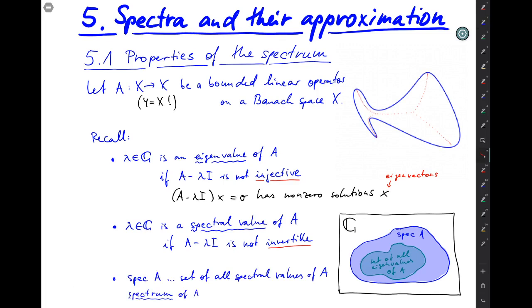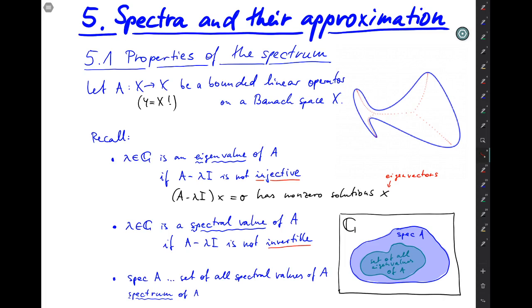Something that we also mentioned already before is that when X is finite dimensional, let's say dimension is n, then A can be identified with an n by n matrix because it's X to X. And then injectivity and invertibility are equivalent, because injectivity means every column of your matrix has a pivot after elimination, and invertibility means this and every row has a pivot.